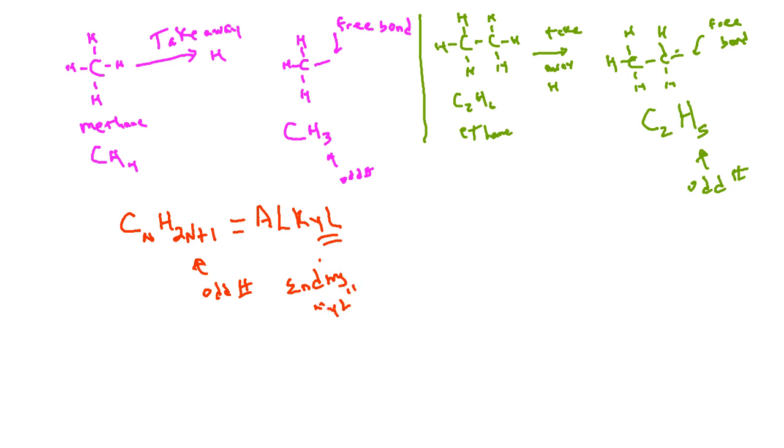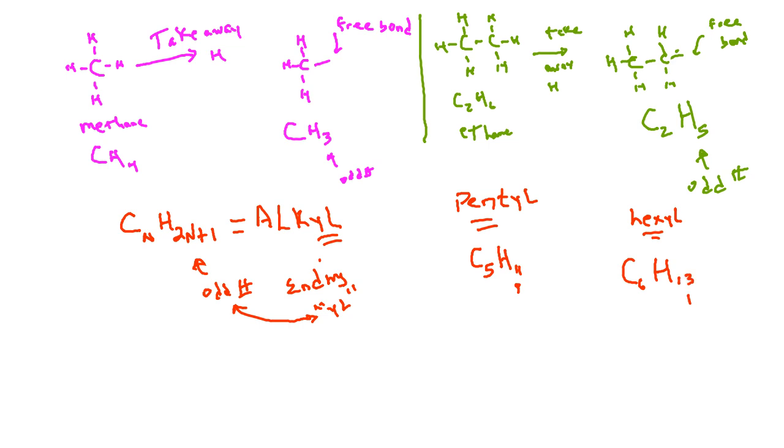So for example, if I want pentyl, pent is 5, C5. Now 2 times 5 is 10, and we add 1 is 11. So this would be H11. See, it's odd, so it's an eel. If I want hexyl, hex is 6, so 2 times 6 is 12 plus 1 is 13.